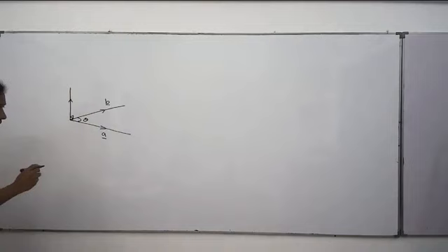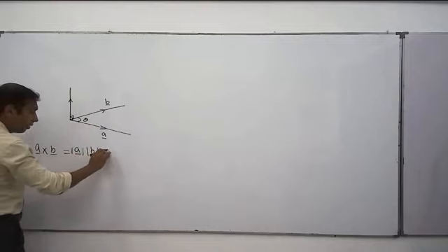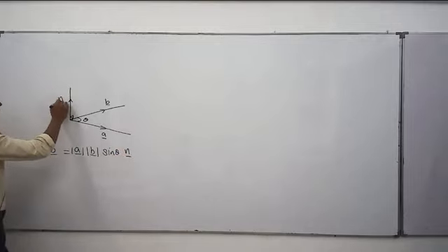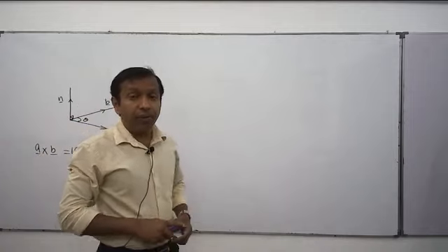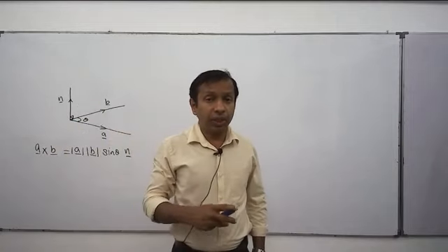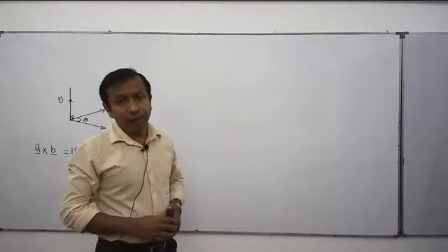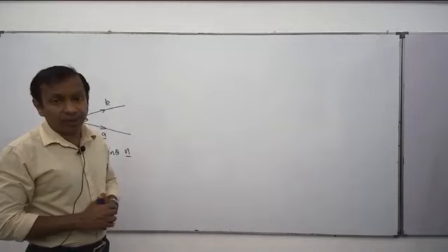Then we define A cross B, people, as modulus of vector A multiplied by modulus of vector B multiplied by sine theta times n. People, n means the unit vector in the direction perpendicular to the plane containing the two vectors A and B. There I told you how to identify the direction of this n.